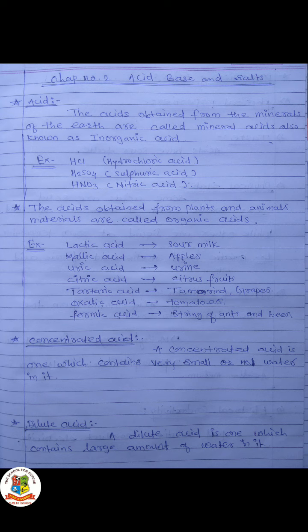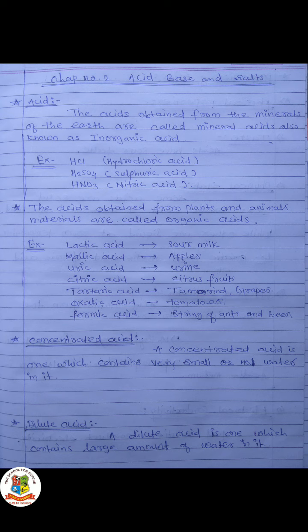One more concept you should know: what is concentrated acid and dilute acid. A concentrated acid is one which contains very little or no water in it. That means in that acid only a small amount of water is present or added, or no water at all, it is pure.